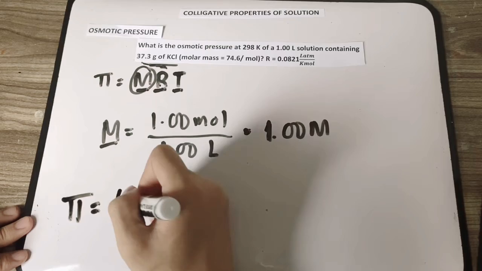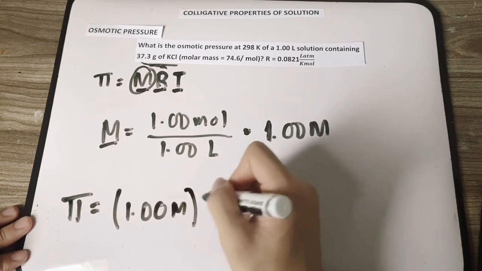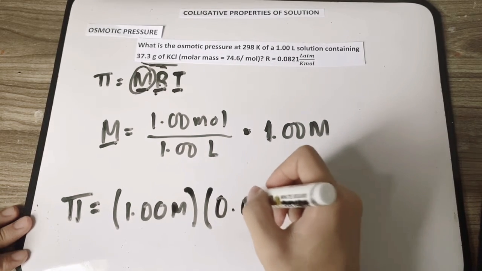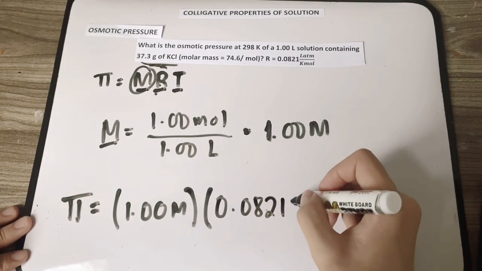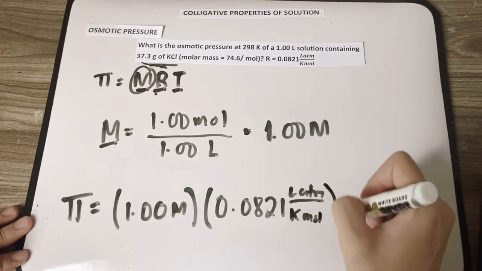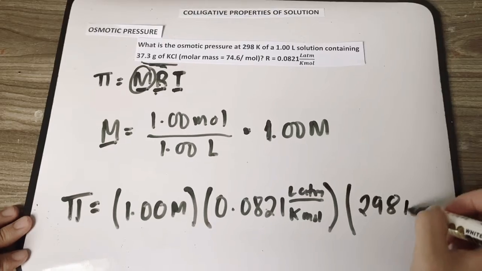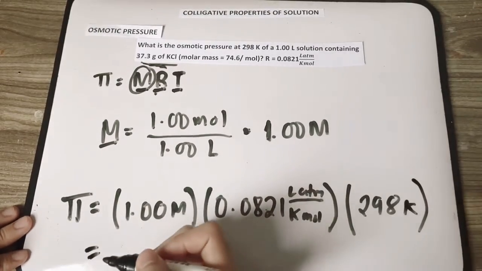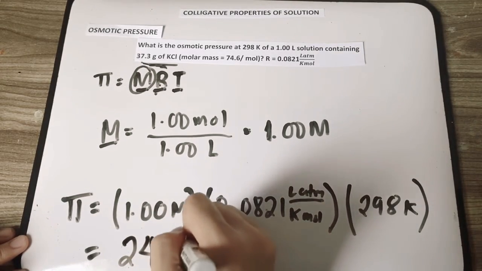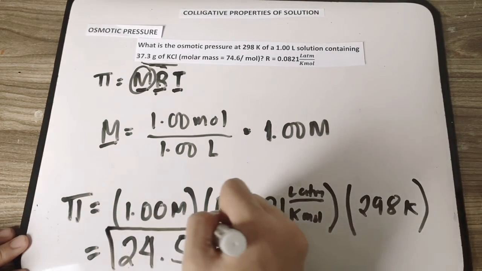So osmotic pressure is equal to 1 molarity times our gas constant, 0.0821 liter atmosphere over Kelvin mole, times 298 Kelvin, which is our temperature, and that will give us 24.5 atmospheres. Now we have our osmotic pressure.